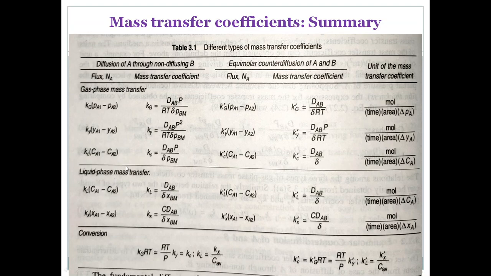Similarly, for the liquid phase, NA equals Kl (CA1 minus CA2), or Kx times (x1 minus x2), where Kx equals this. And for equimolar counter diffusion, Kl prime is this, with (CA1 minus CA2), or Kx prime (xA1 minus xA2), and these are the conversion factors.